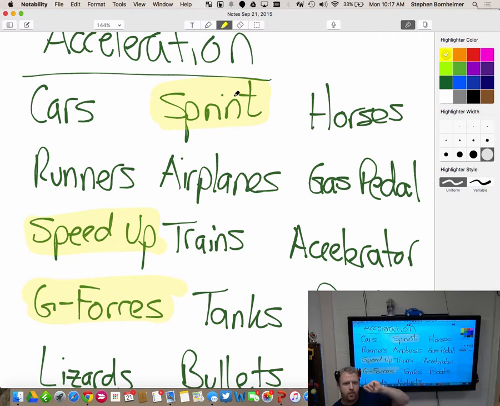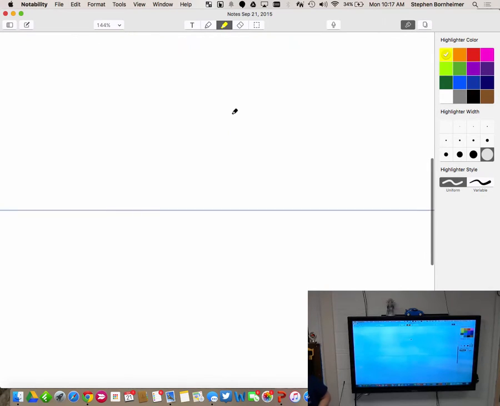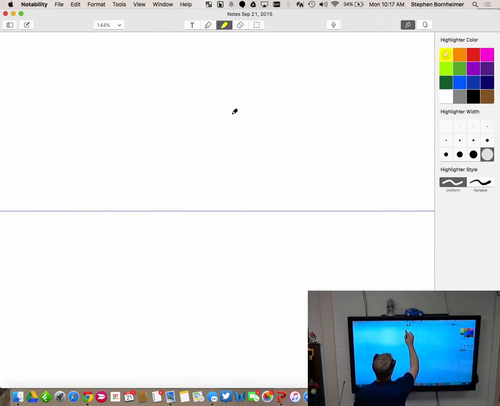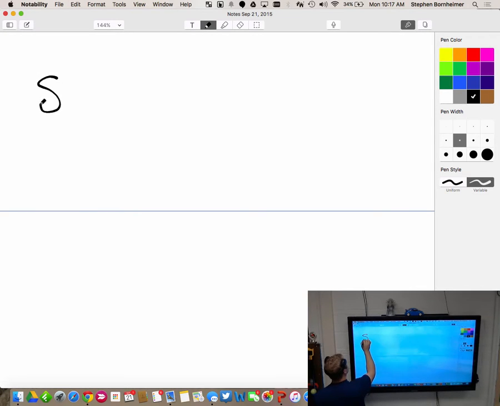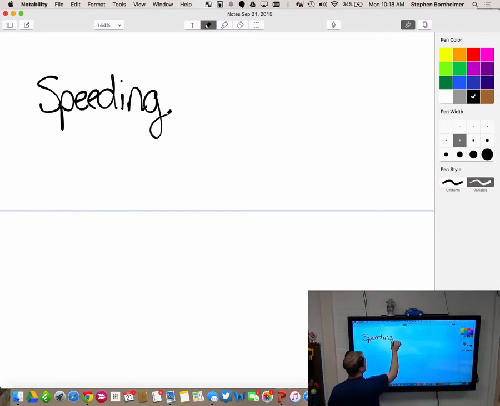But this is only, like I said, a third of the idea. So it's very obvious to me that you know that acceleration deals with this main idea, and please write this down, of speeding up. Okay, speeding up.